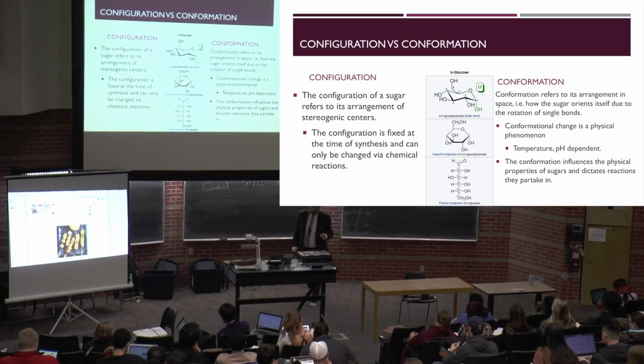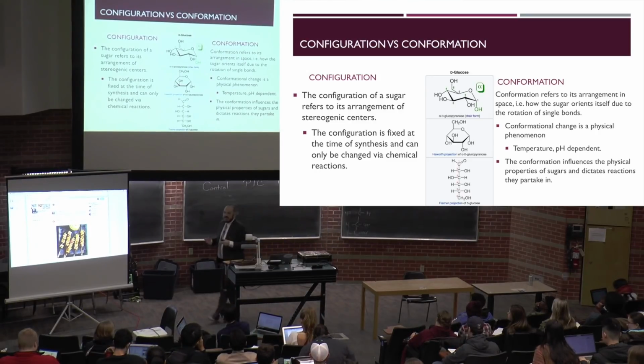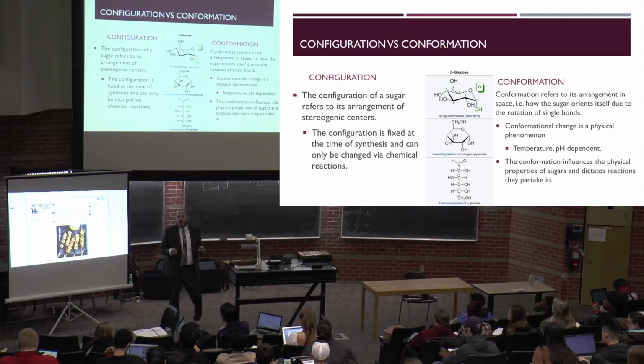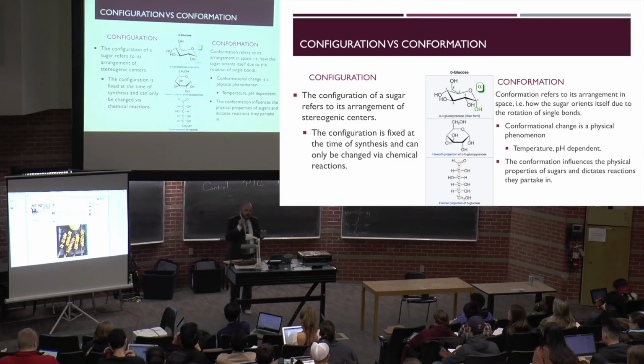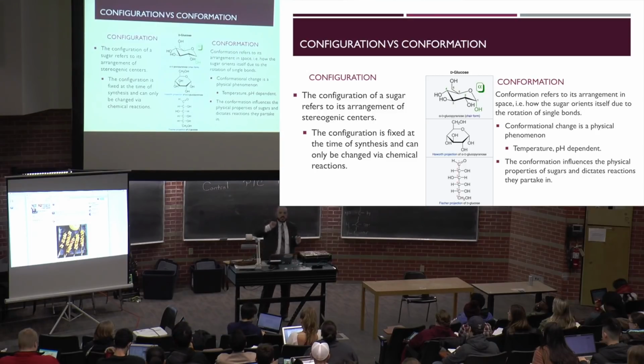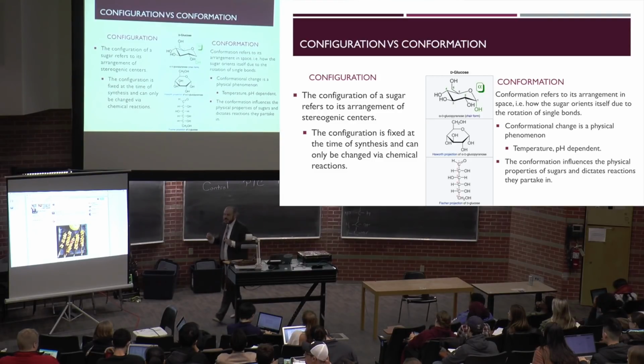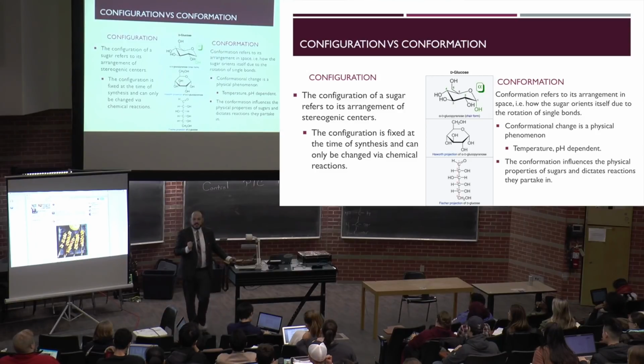Why is this important? One is because this will determine whether or not that cyclic structure is able to open into its linear form. Does anyone remember what type of sugar is able to undergo a transformation in conformation between a cyclic and a linear structure?